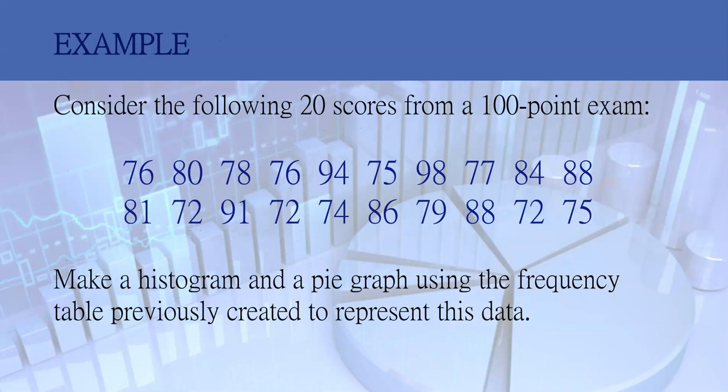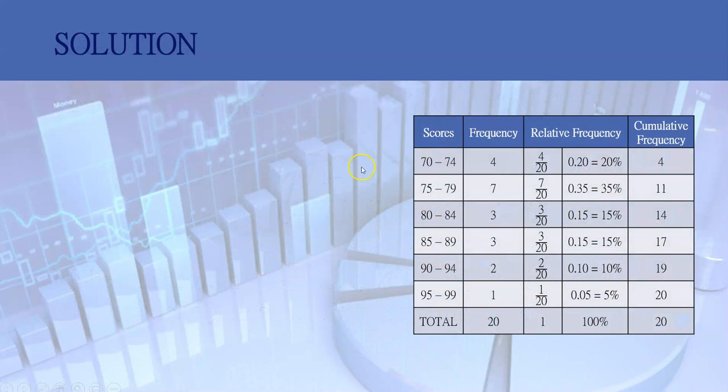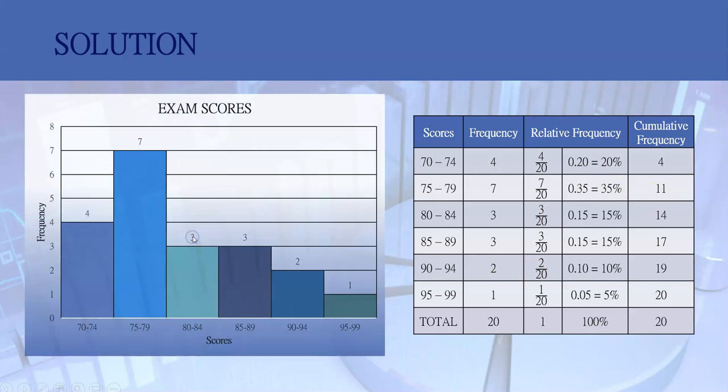So we're going to look at the same 20 scores from an exam that we already filled the table in for from before. And we're going to make a histogram and a pie chart now out of the information that we already came up with. So this was our chart from before. To make the histogram, it looks something like this. Each class interval gets its own bar with no space in between, and you graph it up to its frequency.